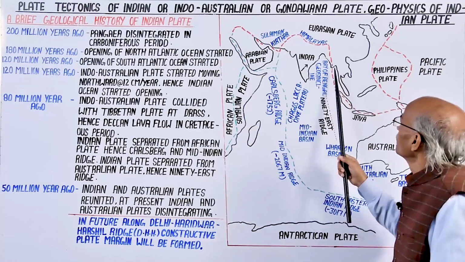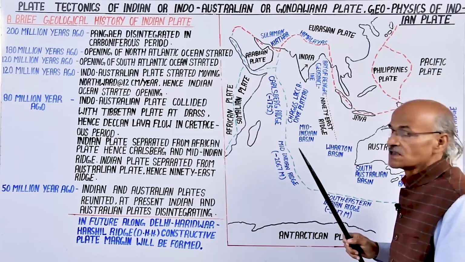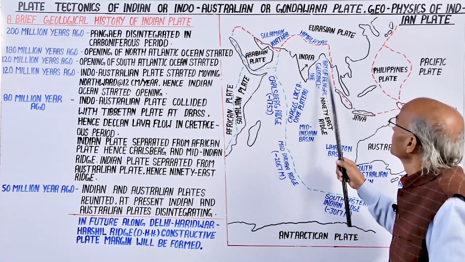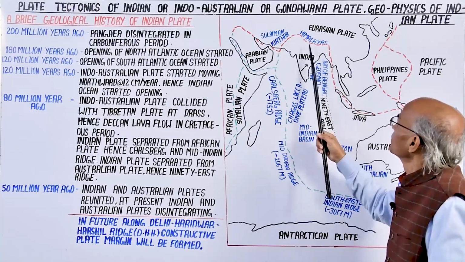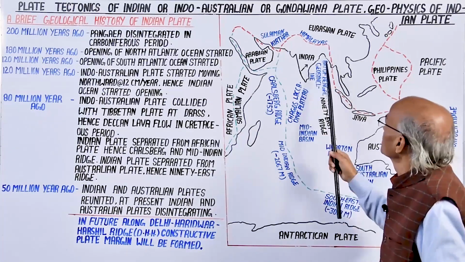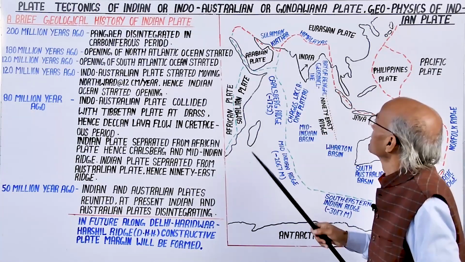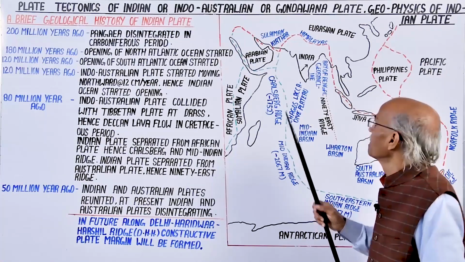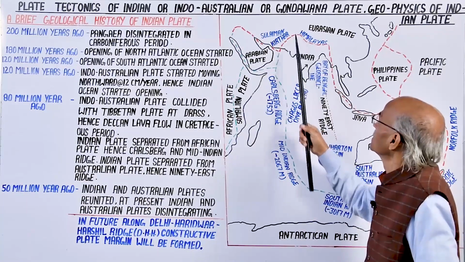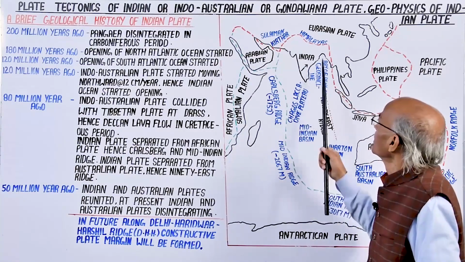We are moving along the Arakan Yoma, which is the destructive plate margin of the Indian plate, and it turns westward from the Namcha Barwa hills, and its westward extension is also a destructive plate margin, on which are located the three mountain ranges of the Himalayas.